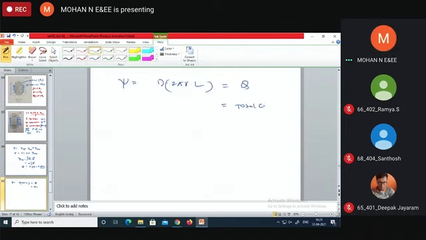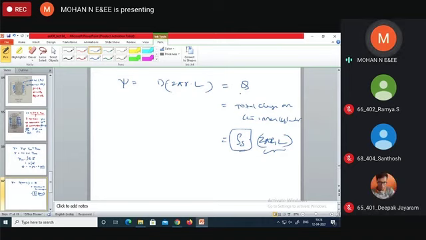So total charge on the inner cylinder, that is nothing but, using the surface charge density rho s into area, that is 2 pi r1 into L. You can call this rho s into 2 pi r1 into L. This is the surface area of the inner cylinder, and this is the surface charge density of the inner cylinder.